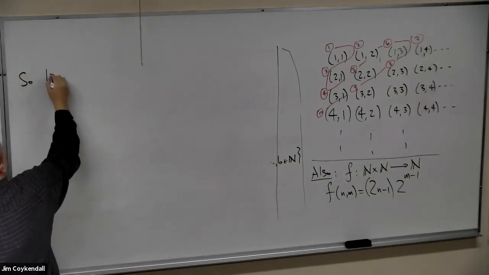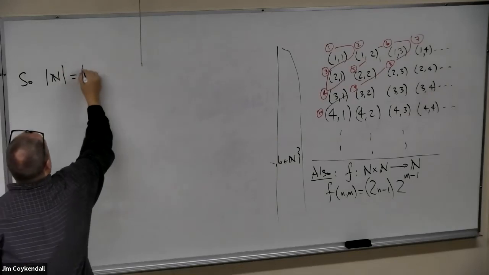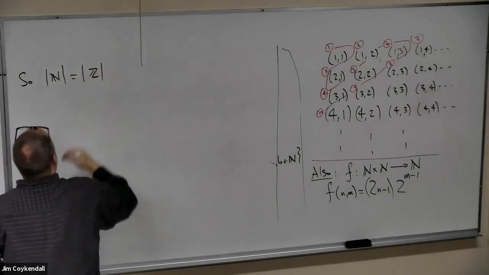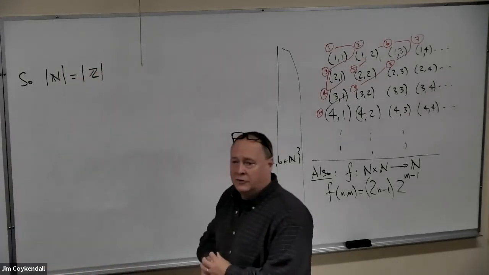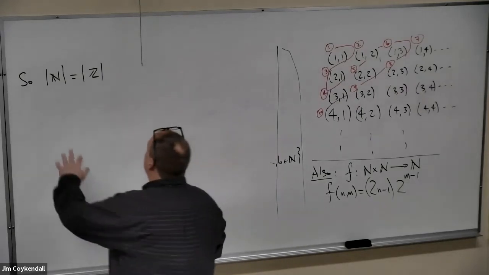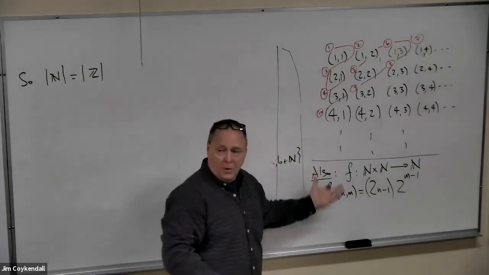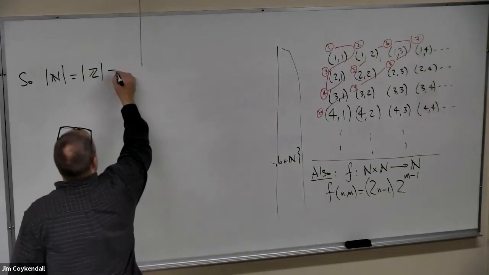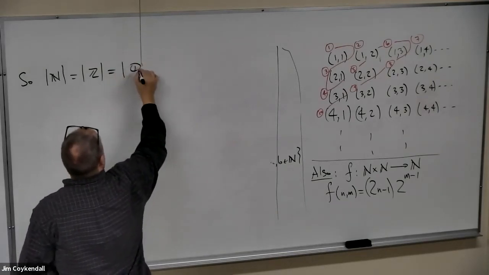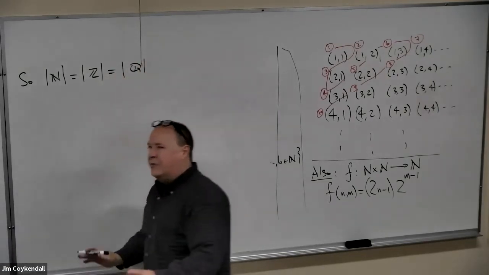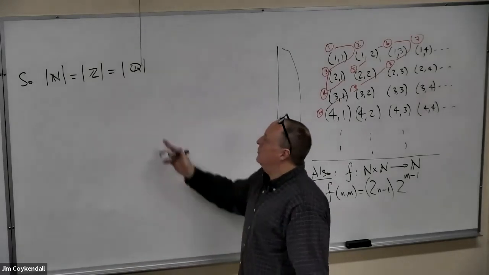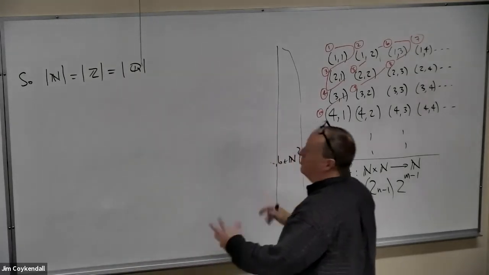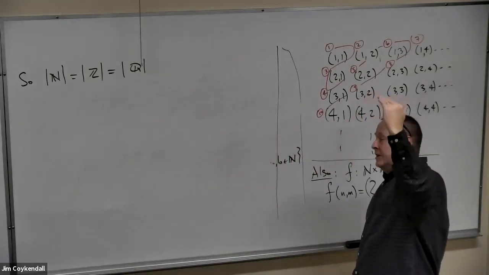the size of the natural numbers, that infinity, is equal to the size of the integers. And you can use this previous theorem to show that this is also the size of the rational numbers. This is fast and loose, but the idea is rational numbers you can think of as ordered pairs because you have a fraction a over b.